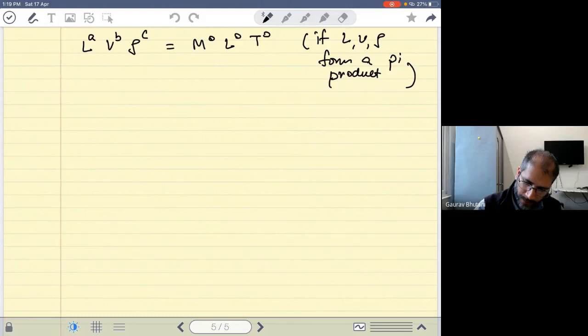So we can check. The length L has a dimension of L, velocity has a dimension of meters per second, so LT minus 1, and density is kg per meter cube.